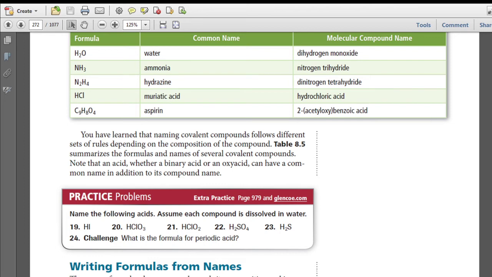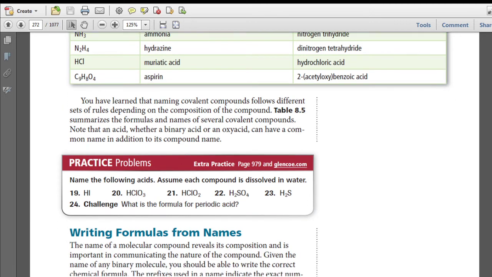Table 8.5 summarizes the formulas and names of several covalent compounds. Note that an acid, whether a binary acid or an oxyacid, can have a common name in addition to its compound name. Such as water is known as dihydrogen monoxide, ammonia is nitrogen trihydride, etc.